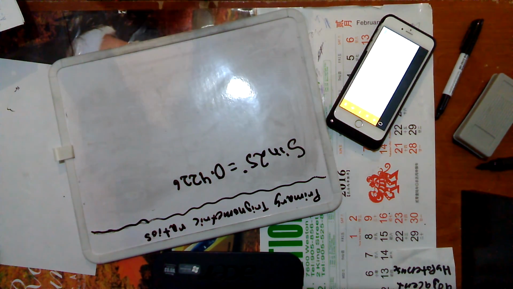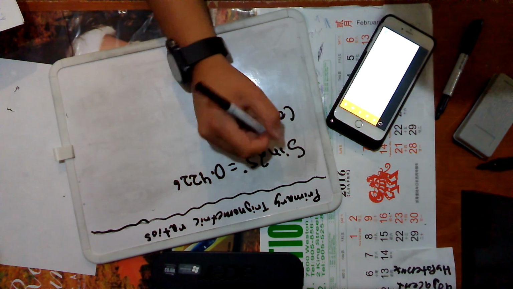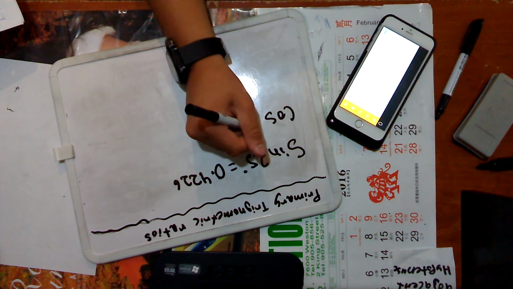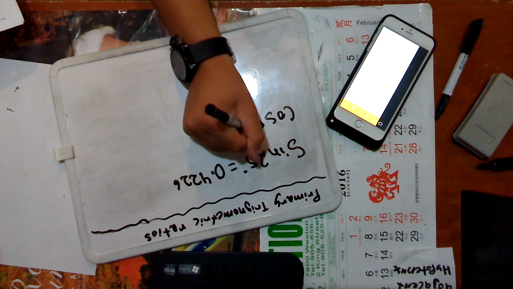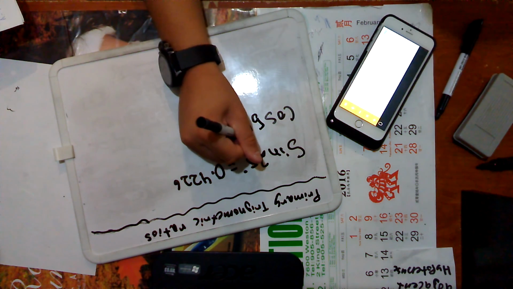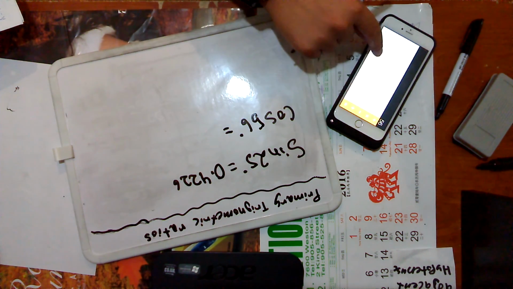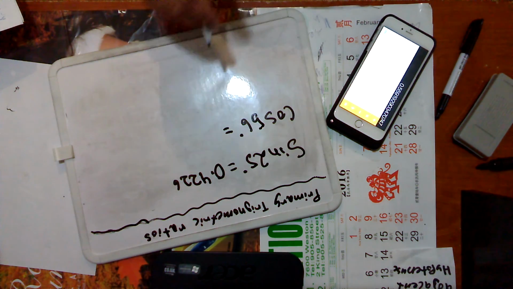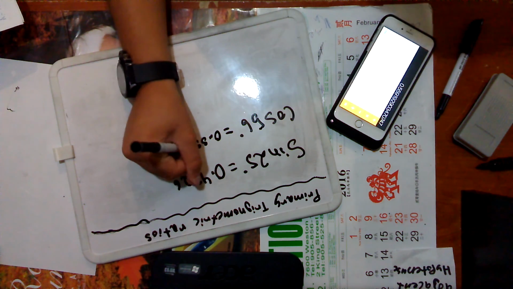So let me make up this one. Cos of 56. Now we're going to do 56 cos. It should give us 0.5592.